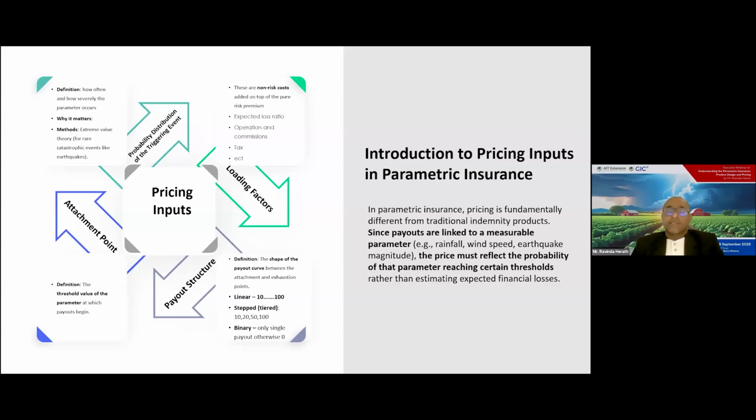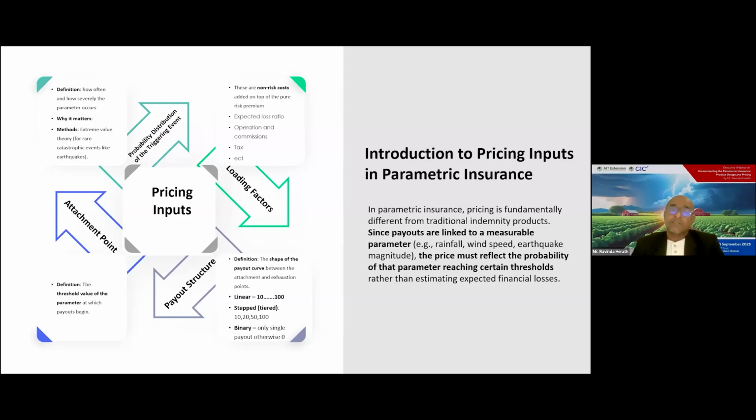And also the loading factors. Based on those probability distributions, we can calculate the risk premium. After that, we need loading factors to decide the final pricing. So the loading factor is one of the key pricing inputs for this designing.